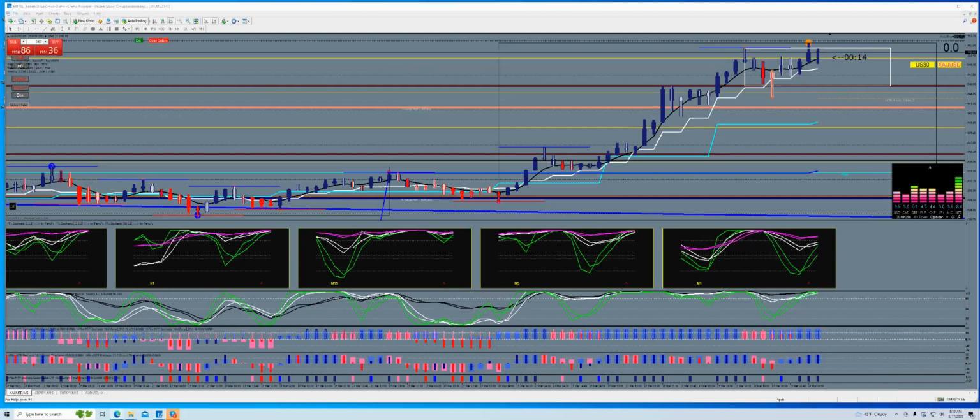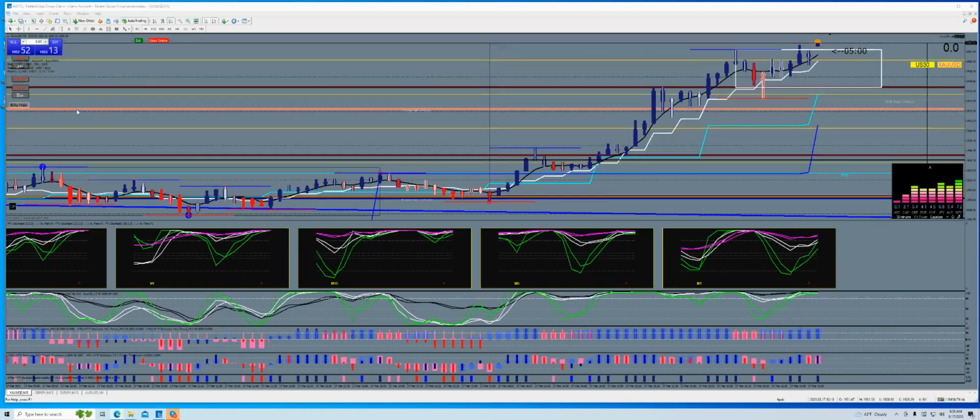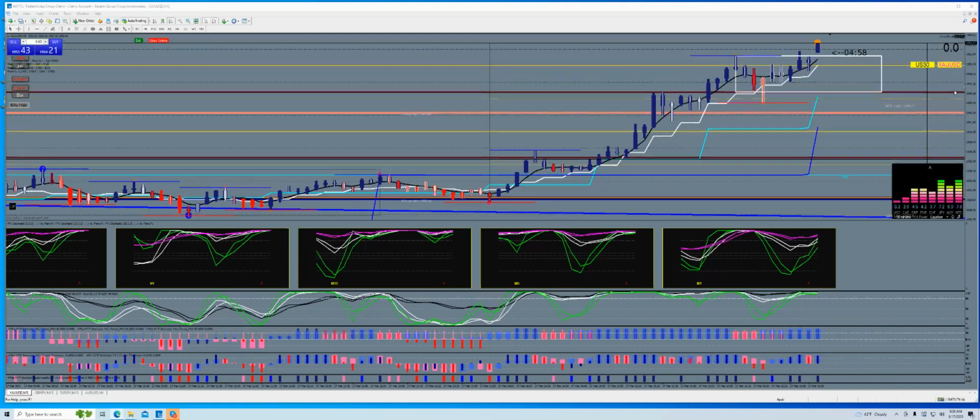Let's see this. Look at that. Gapped open. But that's fine. They'll be taking out stops. Was the number good or bad?